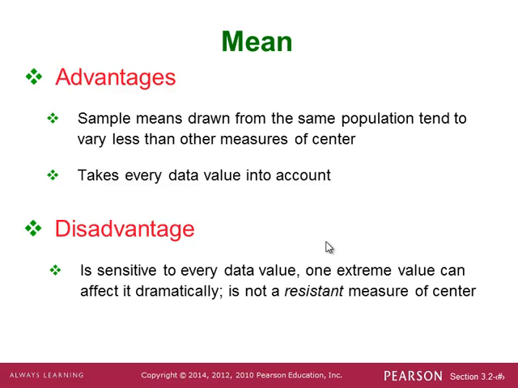So, for example, if you have a business, and every individual in your business is paid, say, $25,000 per year, but you as the owner make $1 million per year, and then you calculate the average salary of everybody in the business, including yourself, that average would be well over 25,000 because of your high salary compared to everybody else's. And it wouldn't be 25,000, which would be more representative of the individuals in your population.